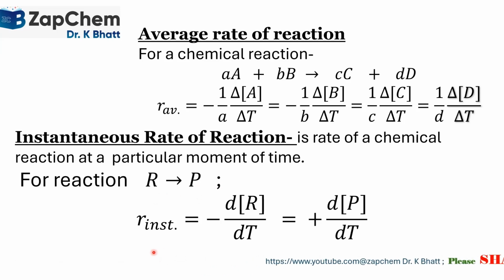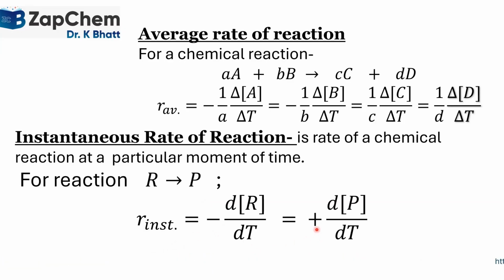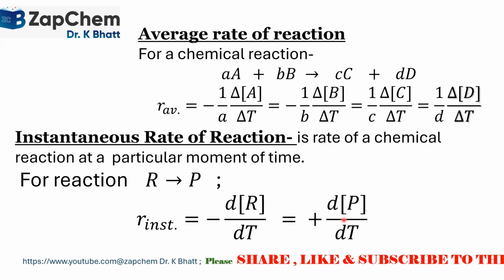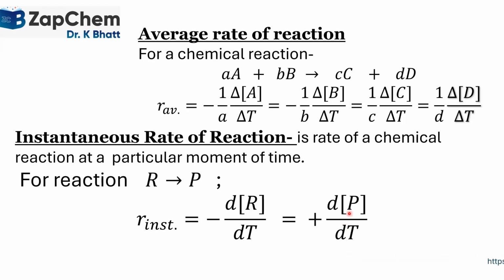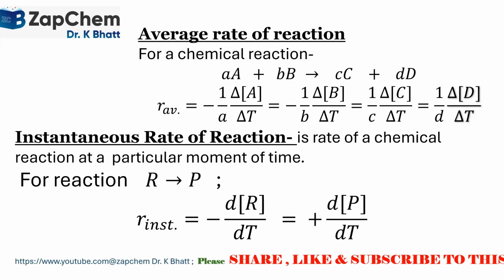So instantaneous rate of reaction will be equal to minus dR upon dt, which will always be negative, and here positive dP upon dt. d means a very small period of time and very small change in concentration. Concentration terms are always represented in square brackets.